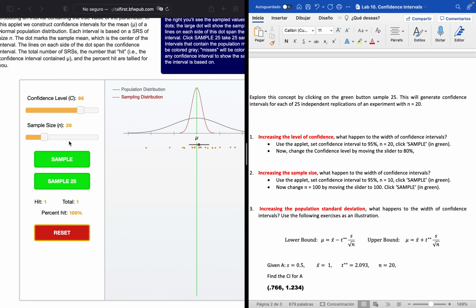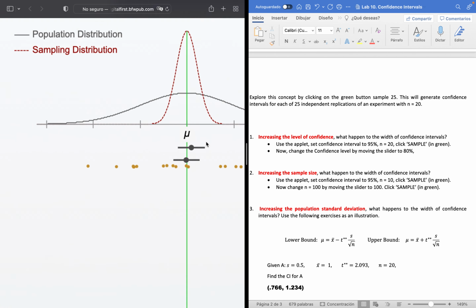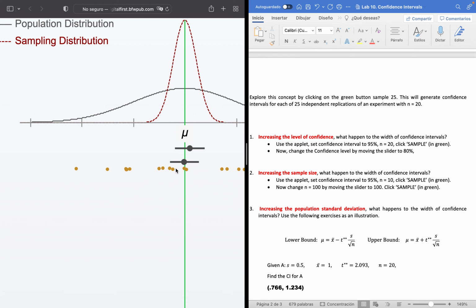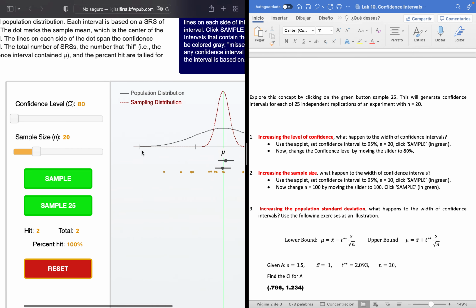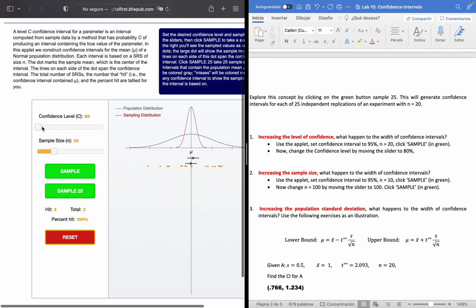So here, sample size. Now I'm going to decrease this to 80. And sample. Yeah, it should be smaller. You see that? To get convinced of this, notice, for example, what about if I use the maximum possible confidence level?